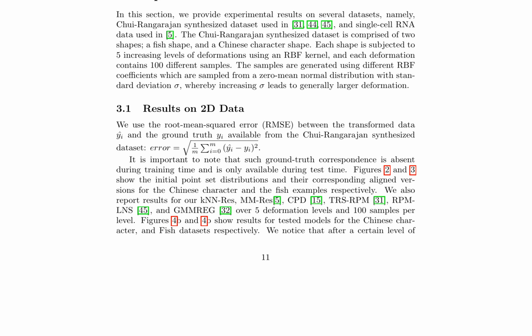Experimental results highlight the proposed model's robustness and efficiency in handling different types of deformations and sample sizes. Comparisons with other models emphasize the strengths of the proposed approach in achieving better alignment accuracy, particularly at higher deformation levels. The proposed algorithm contributes to the development of more efficient and accurate methods for aligning point sets under various conditions.